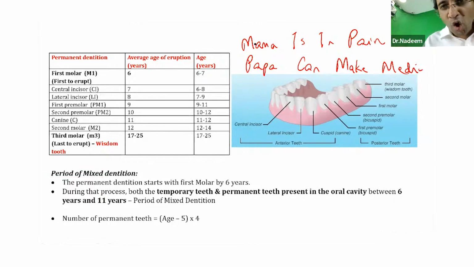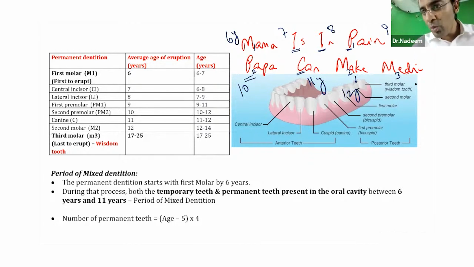This is molar number 1, central incisor, lateral incisor, and this will be first premolar, second premolar. This C stands for canine. After that, second molar and then third molar. At the age of 6 year, 7 year, 8 year, 9 year, 10 year, 11 year. This is at the age of 12 year. And last tooth to be erupted will be third molar in the age of 17 to 25.